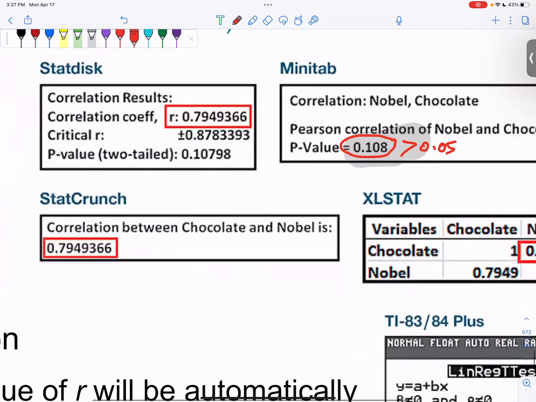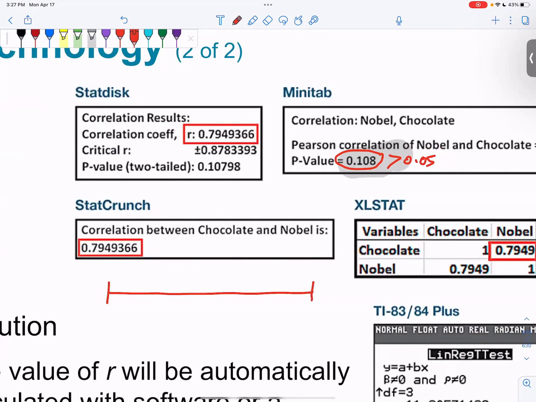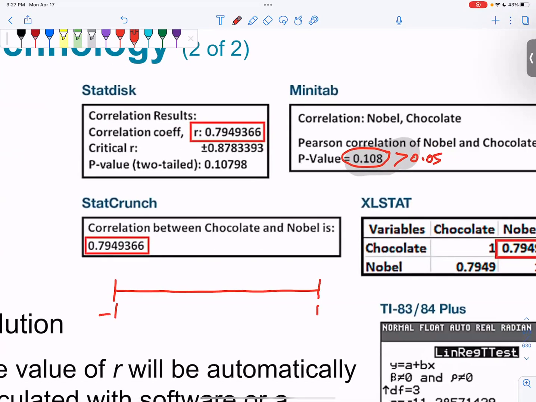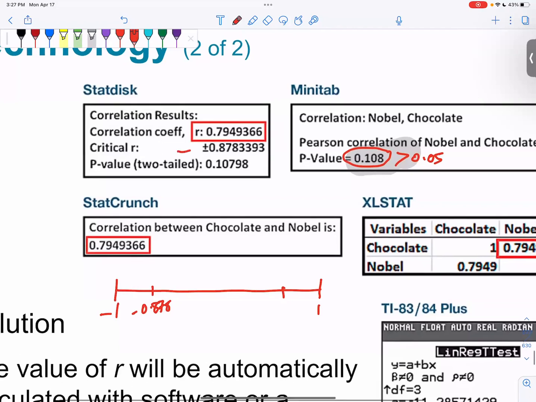And if you see the scale from -1 to 1, we have 0.878, which is negative, and here we have this critical value, right? 0.878. And our value falls in between, so we said any value here means no linear correlation.